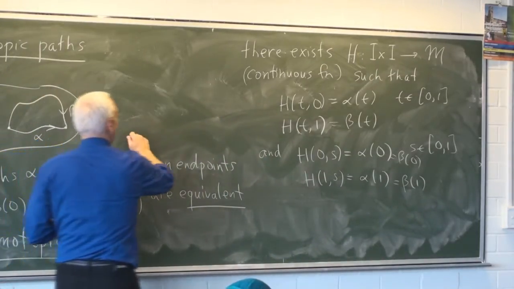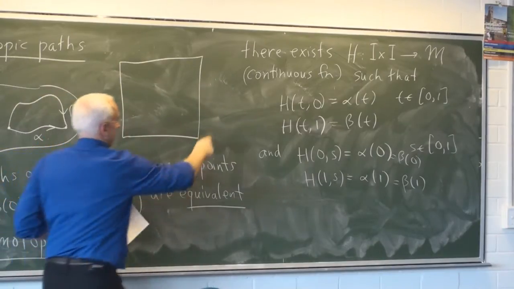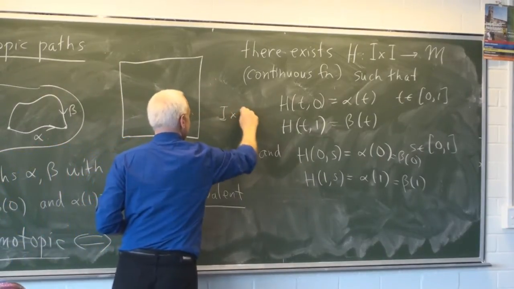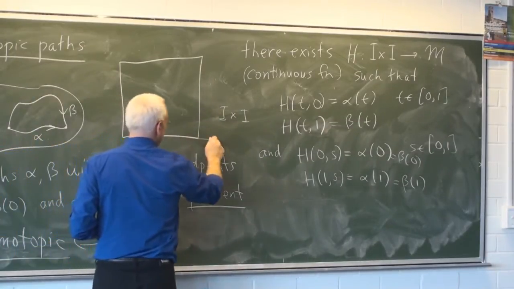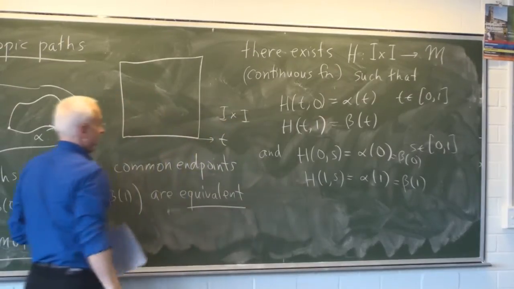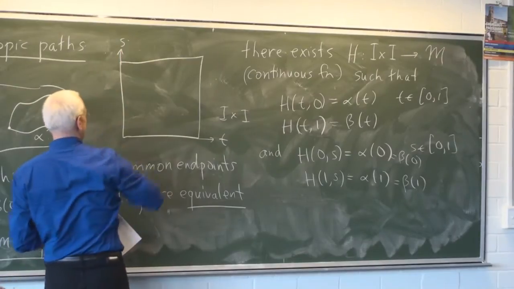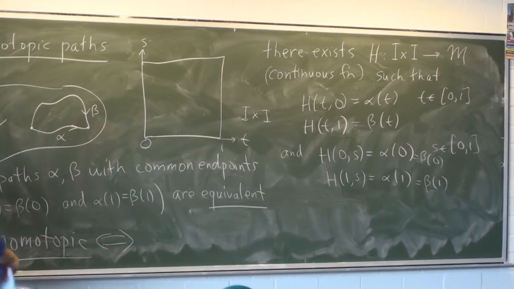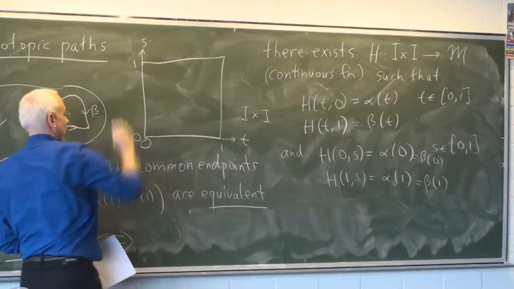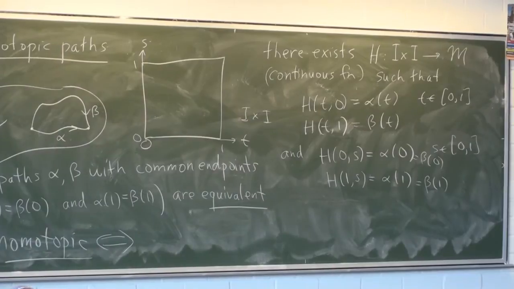The picture is in terms of a square. This is a picture of the interval cross the interval, which is a square. The usual agreement is that we consider the first entry to be t, and the second entry s, so that number t is going from 0 to 1, and this number s is also going from 0 to 1.